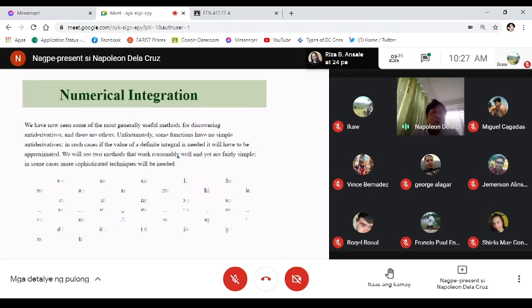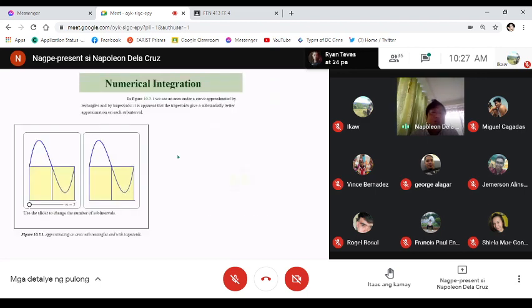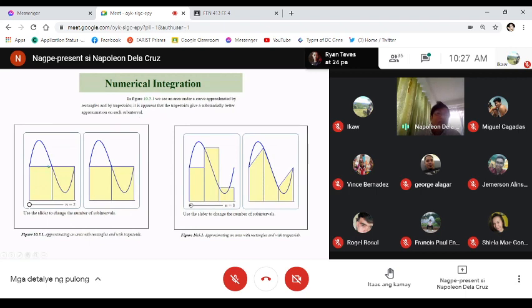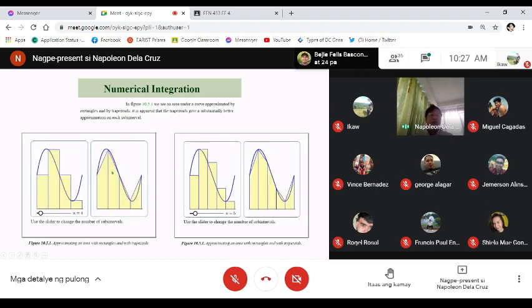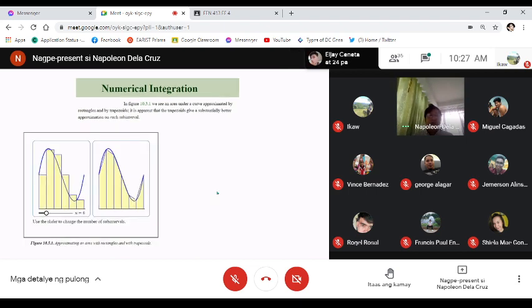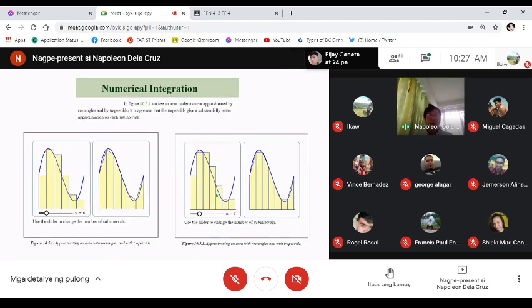Okay? So as I have told you, with numerical integration, you can solve for the area under the curve, but the accuracy will depend on the number of subintervals. Habang dumadami ang interval, dumadami ang trapezoid, and then you'll get the trapezoid area using the trapezoid rule or Simpson's rule, or you can also use the midpoint rule.